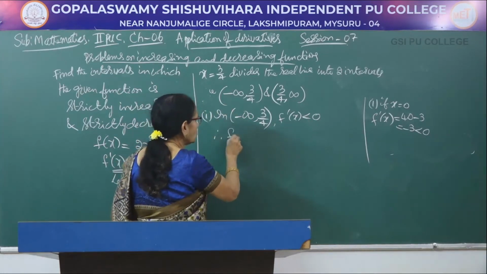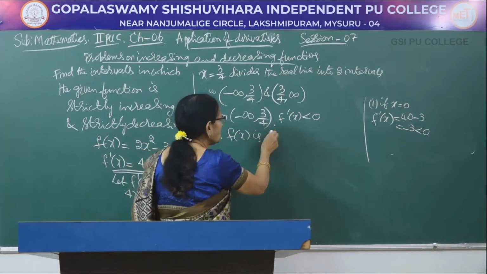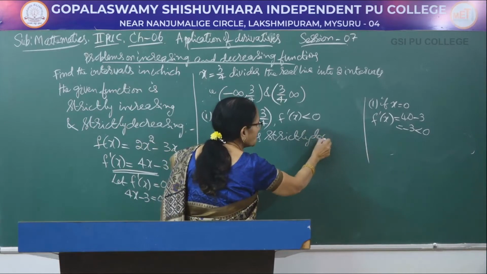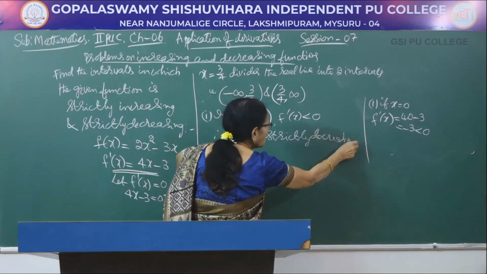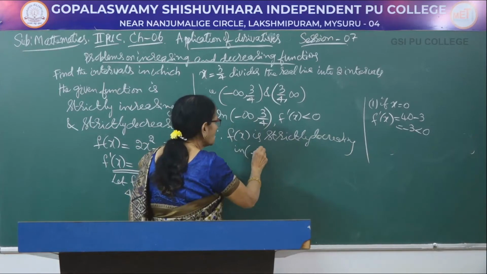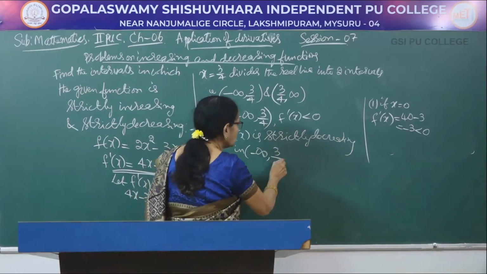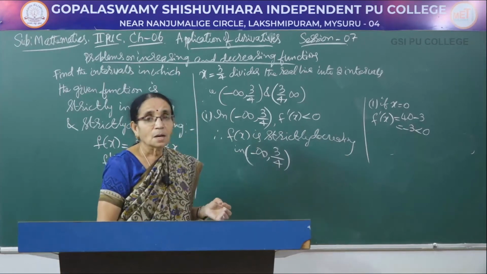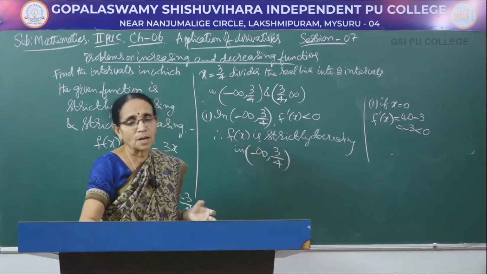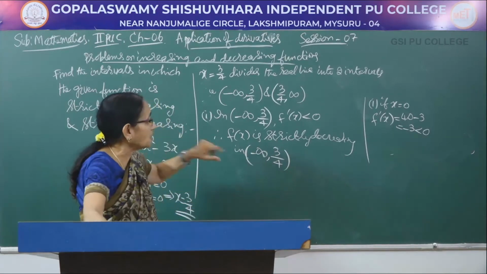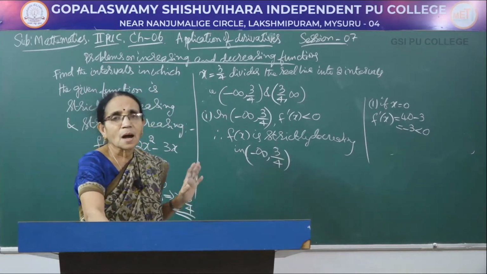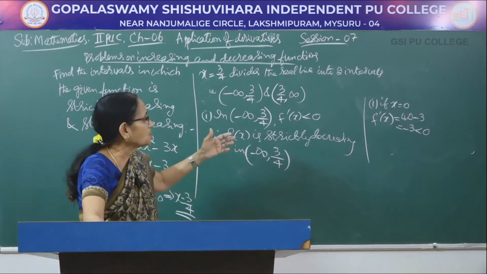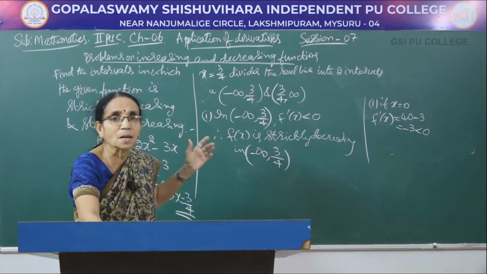Immediately you write, therefore, f(x) is strictly decreasing in the interval minus infinity comma 3 by 4. Or when they have asked, find the interval, you write like this. Sometimes they ask you like this: find the values of x for which the function increases or the function decreases.